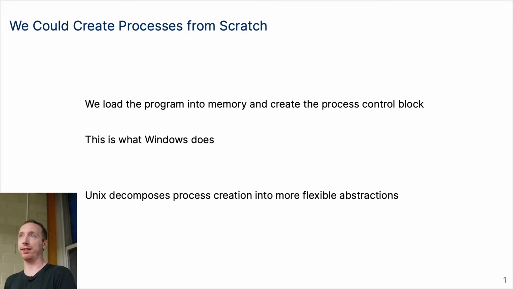In fact, that's exactly what Windows does. Windows has a system call called create process. But in Unix, it decomposes it into two more flexible abstractions, one being exec.ve that we saw last time, and the second being the fun one we will encounter today.